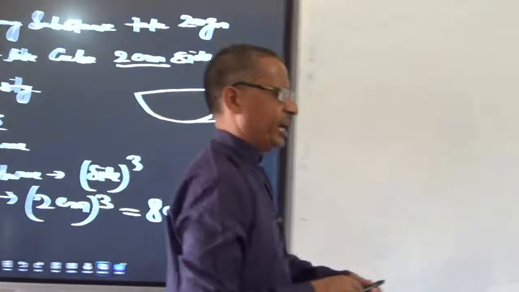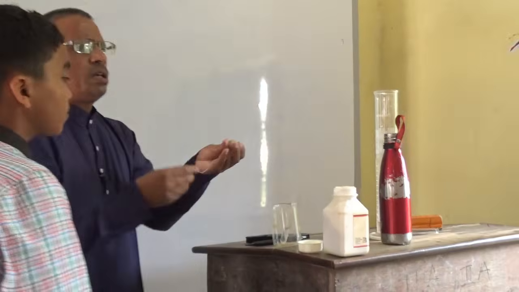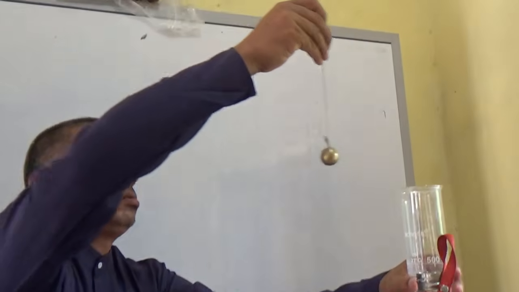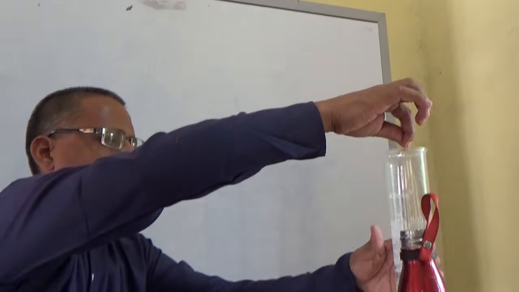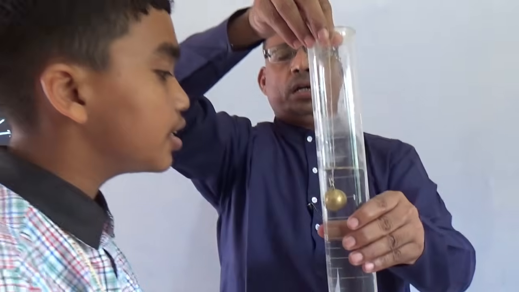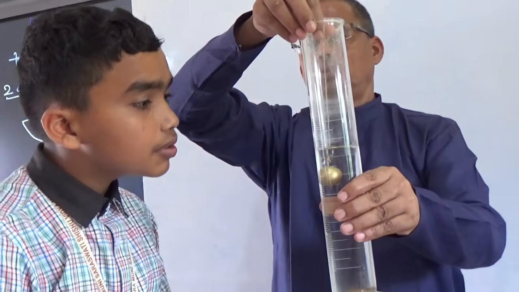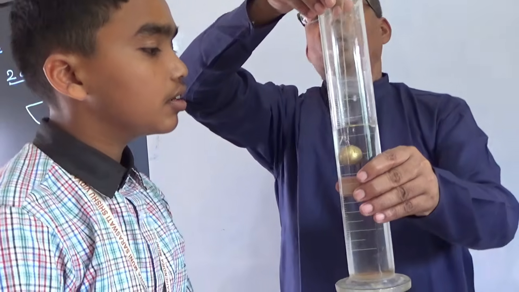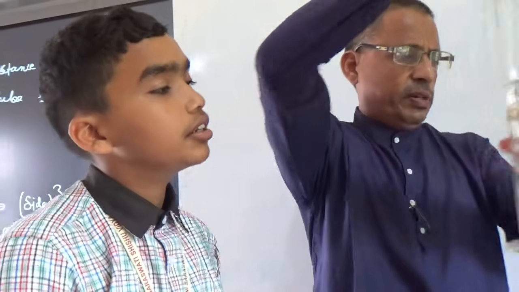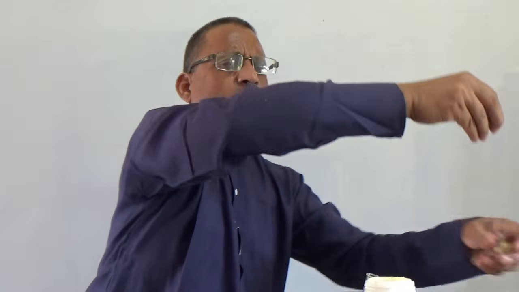Now just imagine that I take the object and put it in, and just see. The level increases. How much? More than half. What number do you say? 375. Very nice. What are you observing?